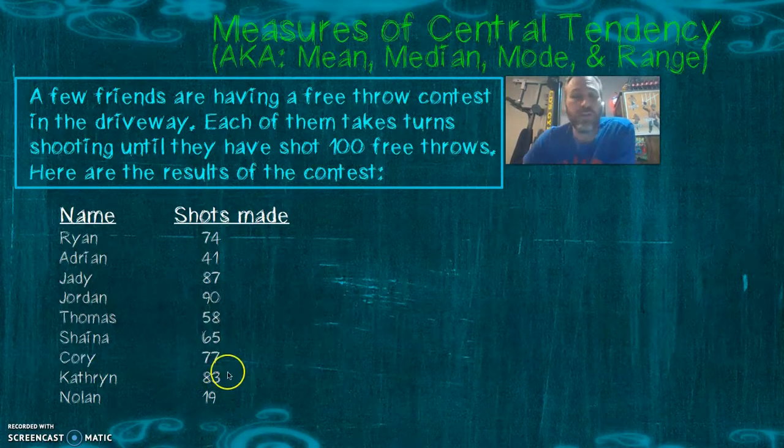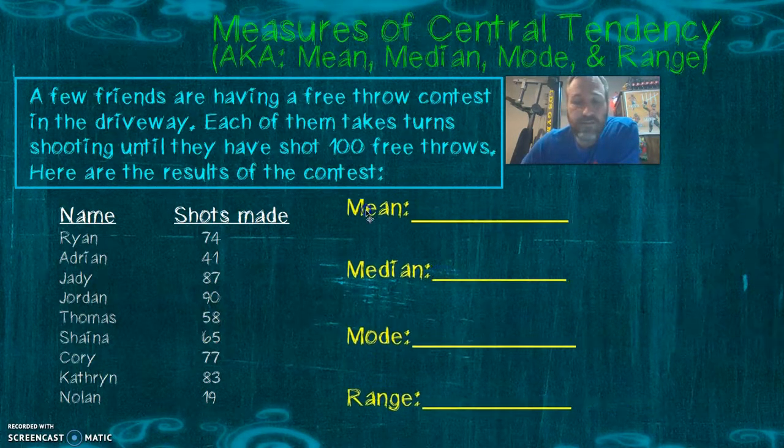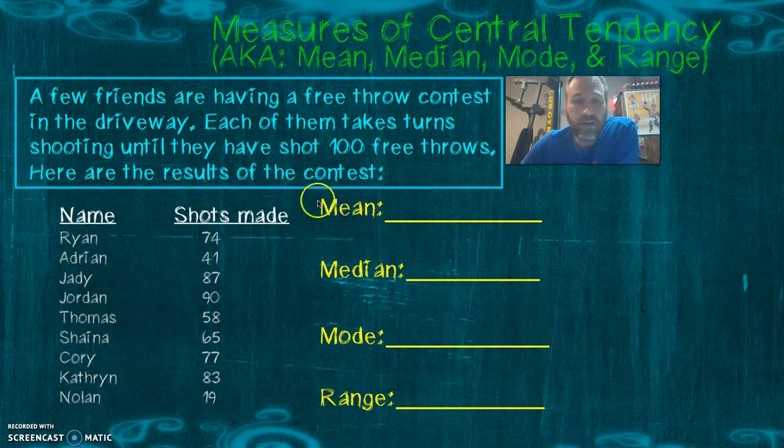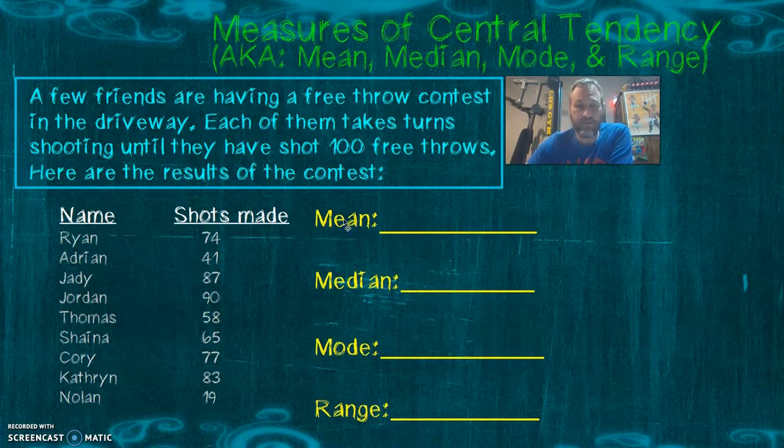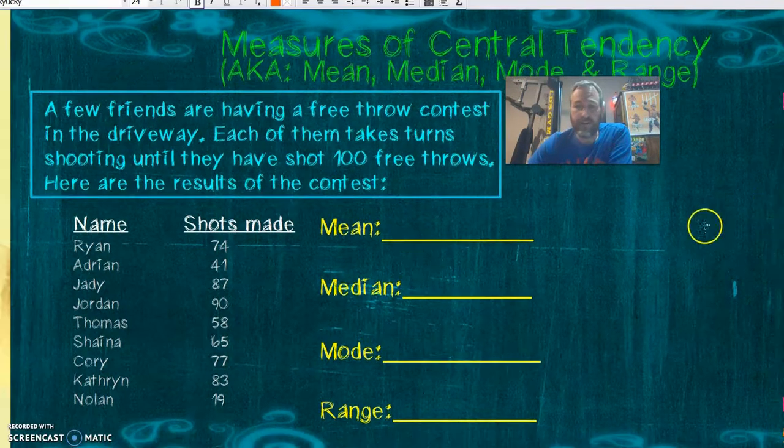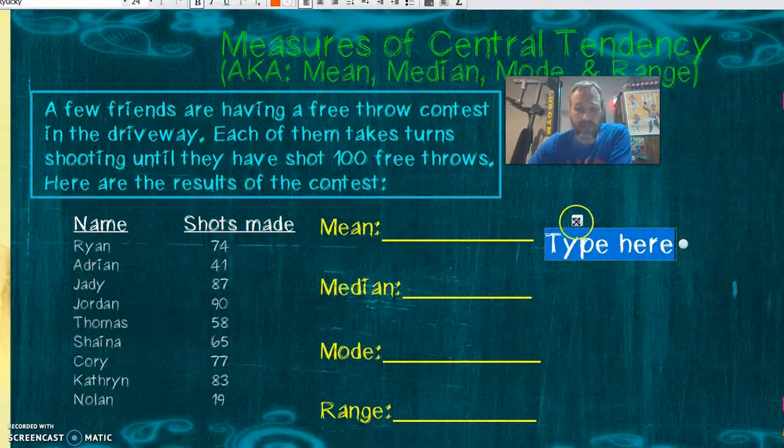So we're going to use this data right here to find these four measures of central tendency, as we call them. The mean, the median, the mode, and the range. Now, there is another word for mean, and some people may already know that, some may not.